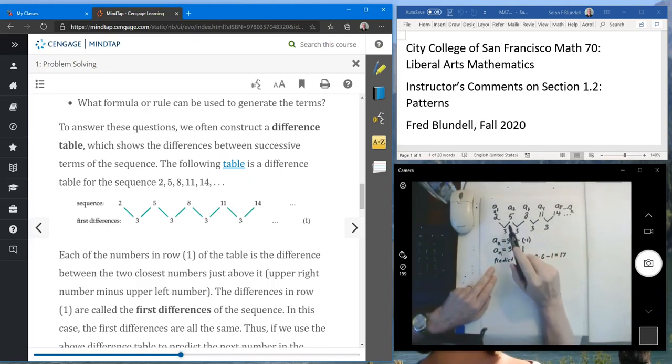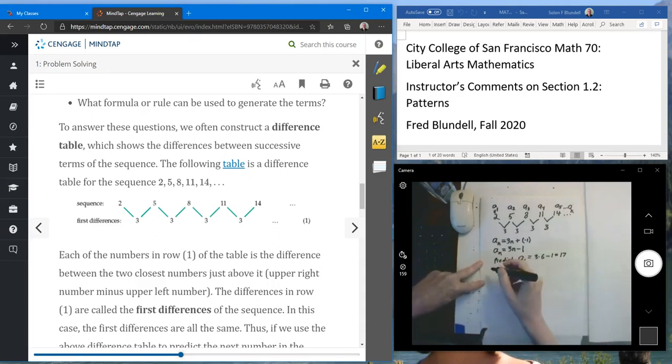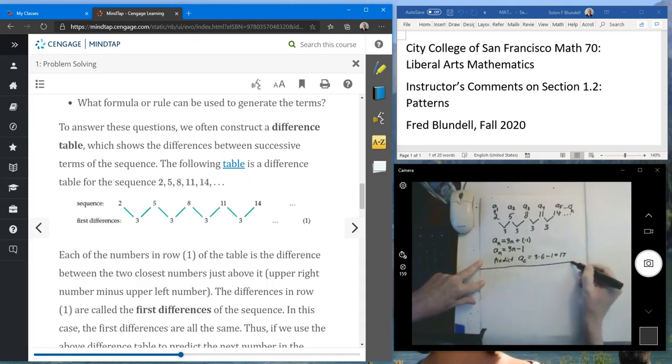As I mentioned before, you can always make more than one pattern that would fit a list of numbers. And so here we've just picked up on the simplest possible pattern, and if that really continues, okay, then the next number is 17. But we can't be sure. And so that's the limitation that we have with inductive reasoning.